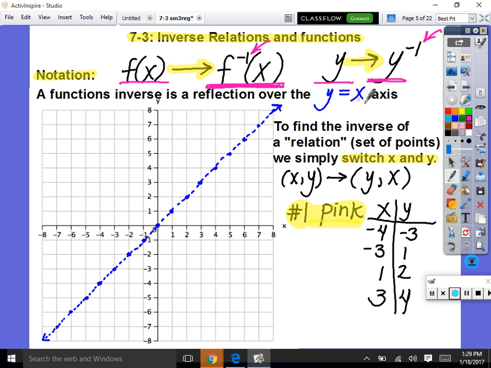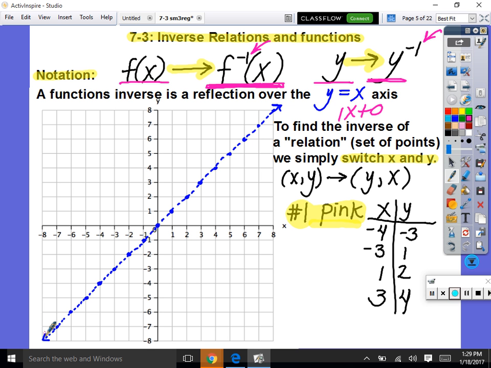Y equals x, isn't that a line with 0 y-intercept? Isn't that 1x plus 0, guys? So that means we start at 0, and then our slope's 1. So you go up 1 over 1, up 1 over 1, up 1 over 1, down 1 over 1. Y equals x. Okay, so I'll say that again. A function's inverse is taking the function and reflecting it over the y equals x line.